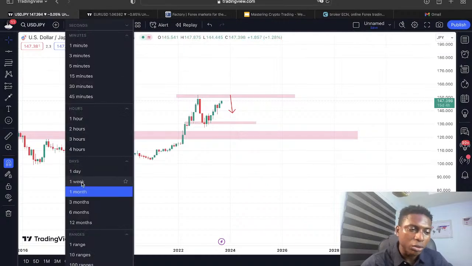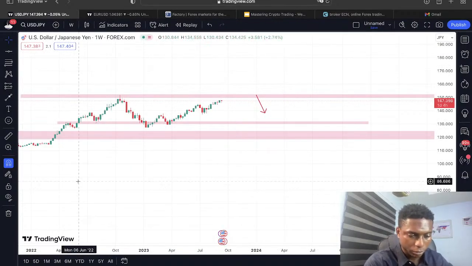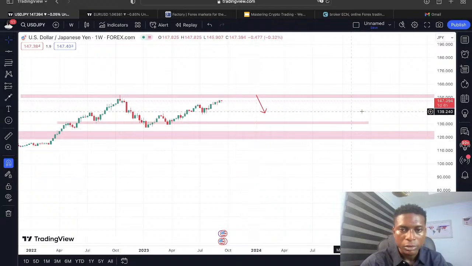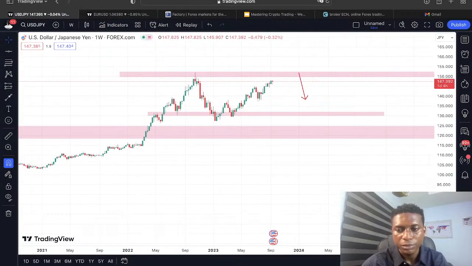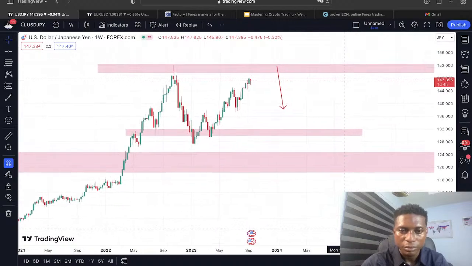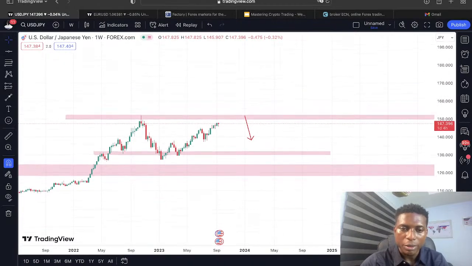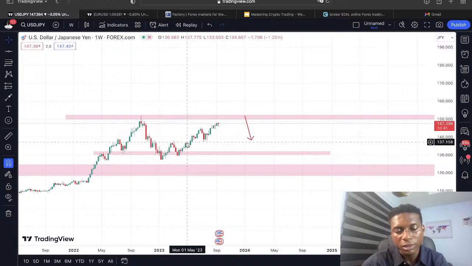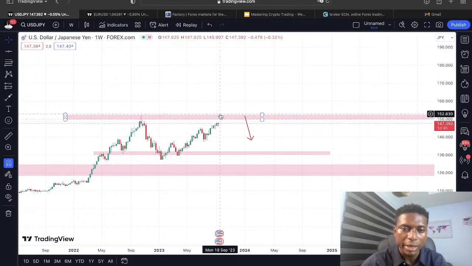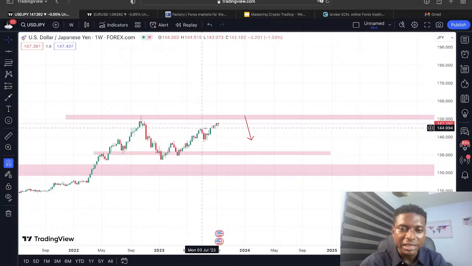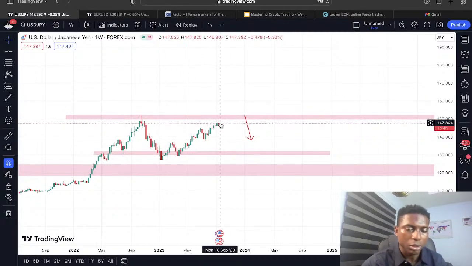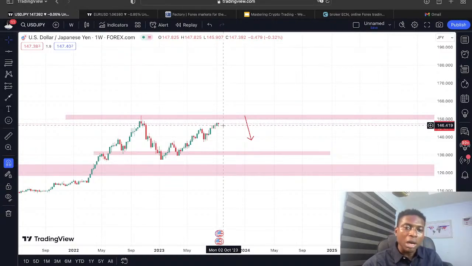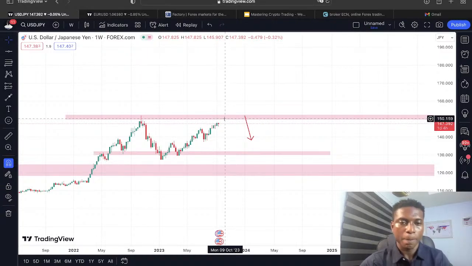So let's look at it on the weekly time frame. Now, if you look at it on the weekly time frame, you definitely spot a double bottom and price is going higher. Price is definitely going to touch this level, so of course you can keep buying into USD JPY.